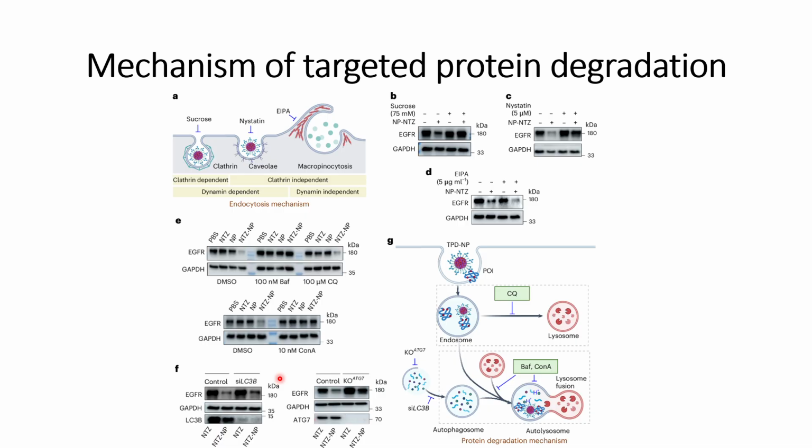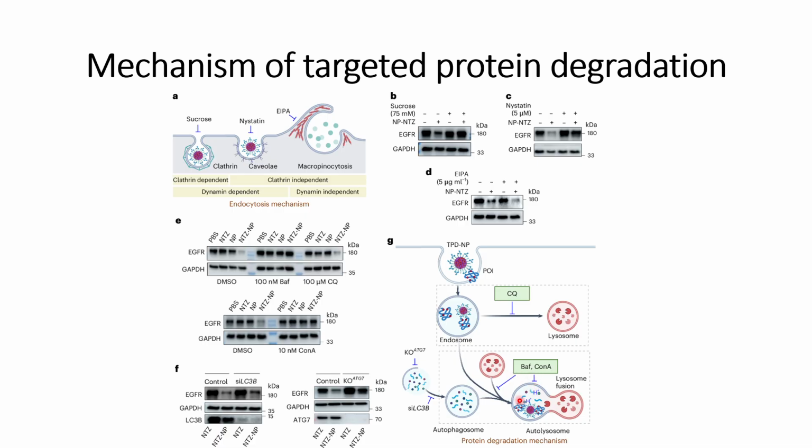The final mechanism is shown in panel G. What they are able to find out is that the internalization occurs by clathrin dependent or clathrin independent routes, and mainly using the Caveolae mechanism, and thereafter it does not go to the lysosome, as with the use of chloroquine they are not able to see EGFR recovery. Instead it goes from endosomes into the autolysosome process, which they validated using BAF and ConA.